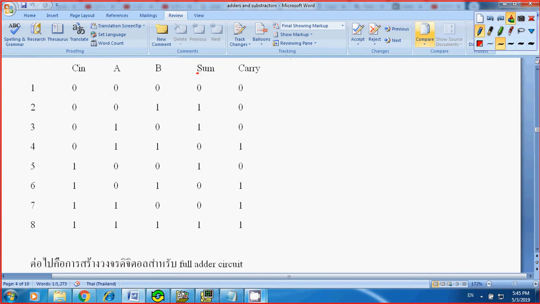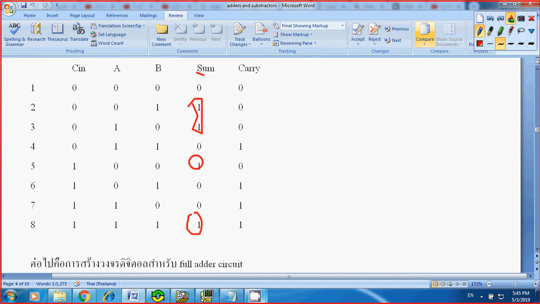output sum. Okay, and what you have is, take a look only at the logic status of your sum to be 1. In this case you have 4 of them.